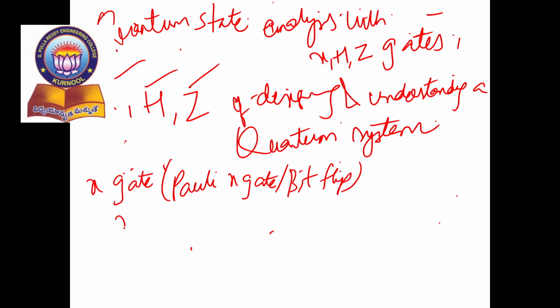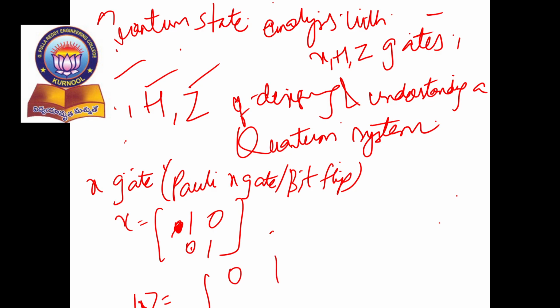So we take the identity matrix, that is 1 0 0 1, and the bits will be flipped here. When we apply the Pauli X gate, it becomes 0 1, 1 0.